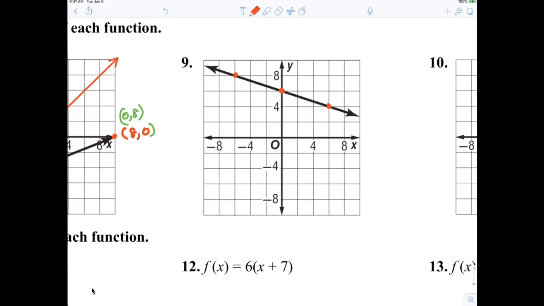So this first point I have as 6, 4. 0, 6. And then -6, 8.